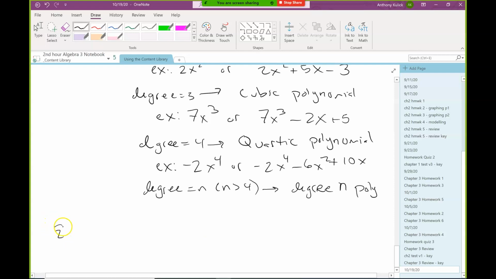The other way that we'll classify polynomials is by the number of terms.